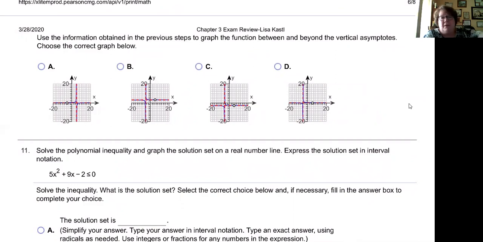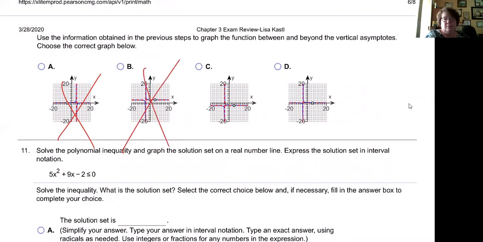So that is not the graph. Your vertical asymptote is at x equals -5. So it's not A. Look at B. It's not B because your horizontal asymptote was the x-axis. Graph B has a horizontal asymptote that is above the x-axis. It's not B.